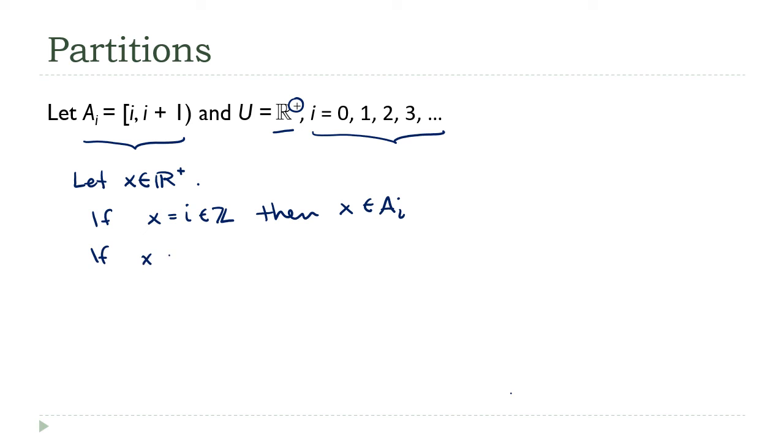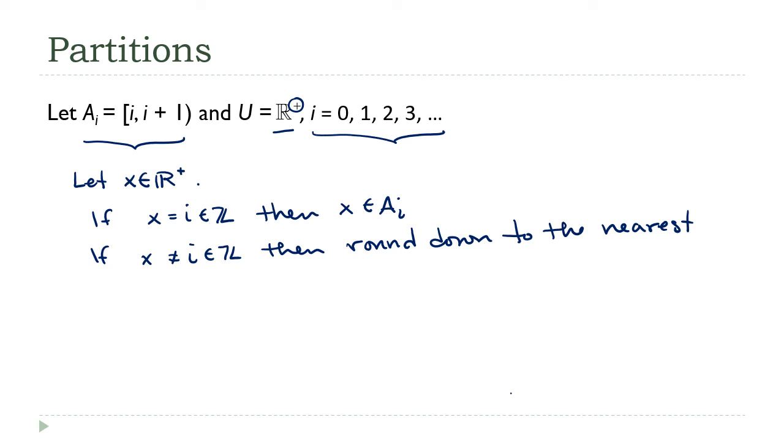If x is not an integer, then round down to the nearest integer i, and x must be between i and i plus 1.